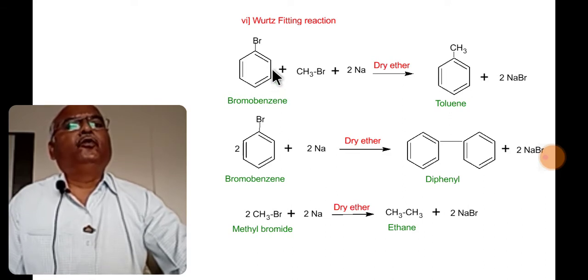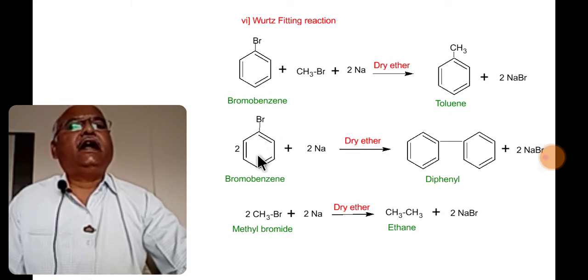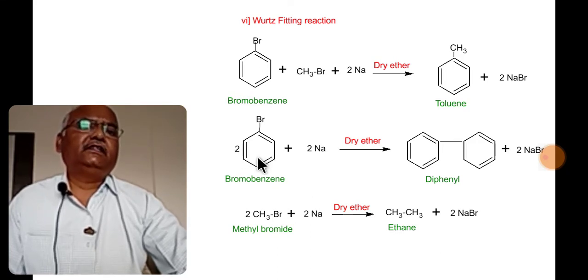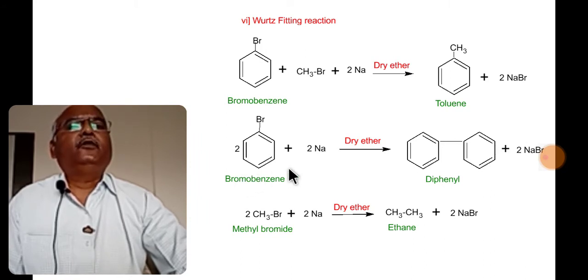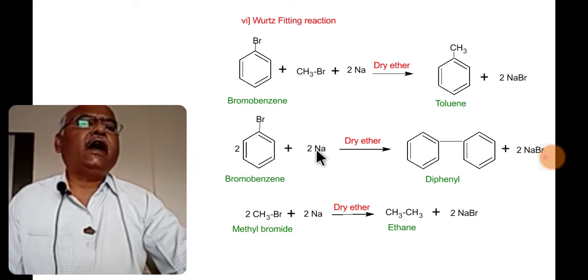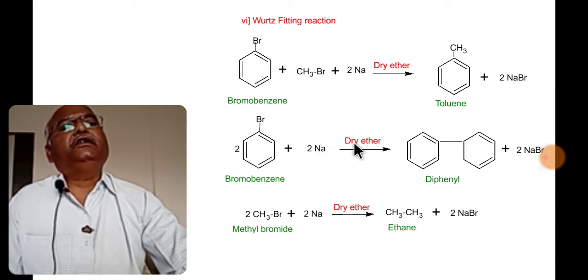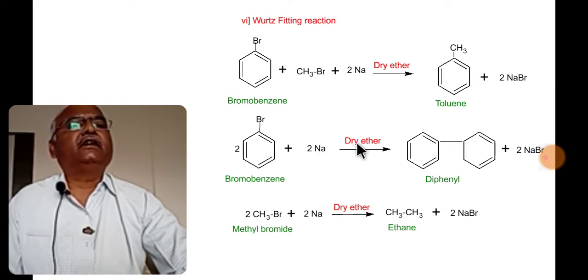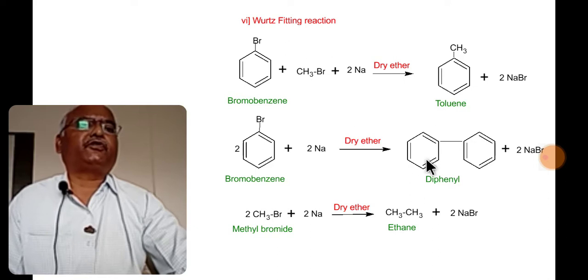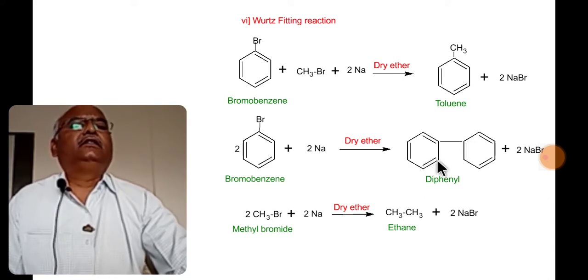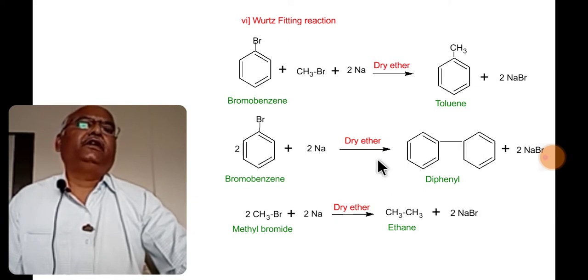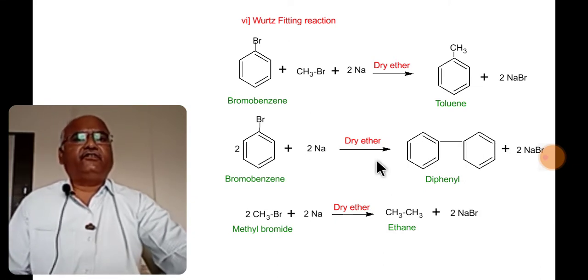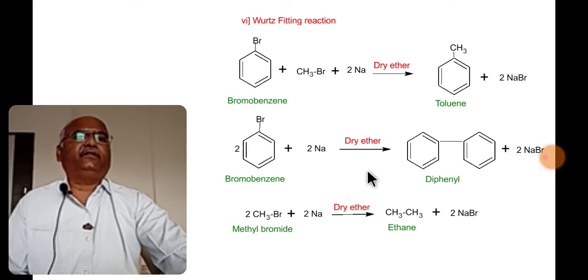So this is Wurtz-Fittig reaction, and when two aryl halides, that is two molecules of bromobenzene, are treated with two atoms of sodium in presence of dry ether, diphenyl is produced, and this reaction is called Fittig reaction.